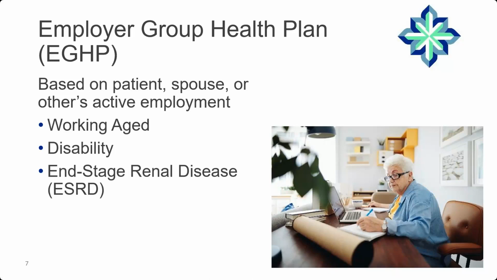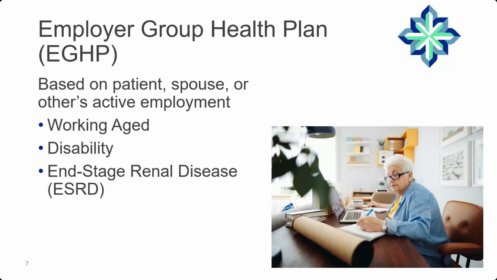Criteria would include having worked the required amount of time under Social Security, railroad retirement benefits, or as a government employee. They would be eligible for Medicare, and or they have a spouse or dependent child of someone who meets these requirements.